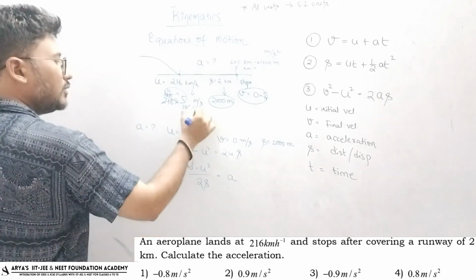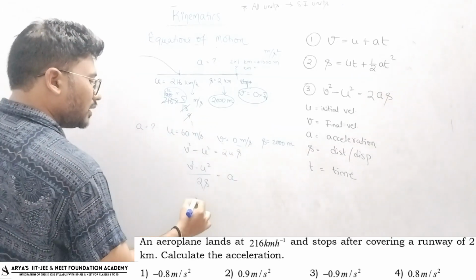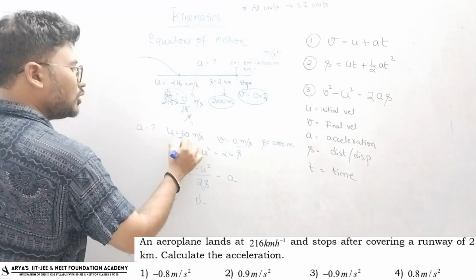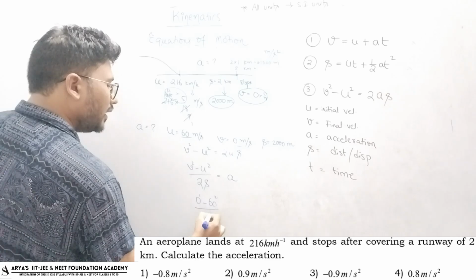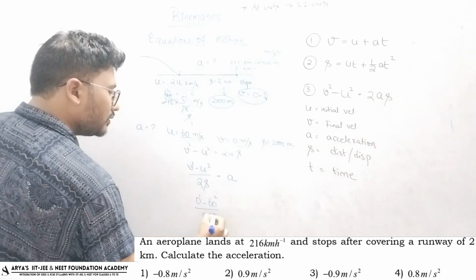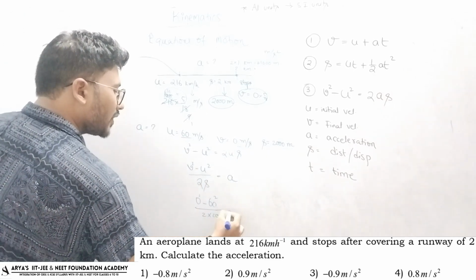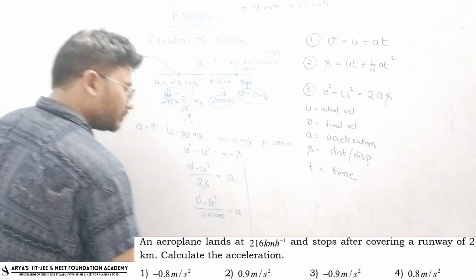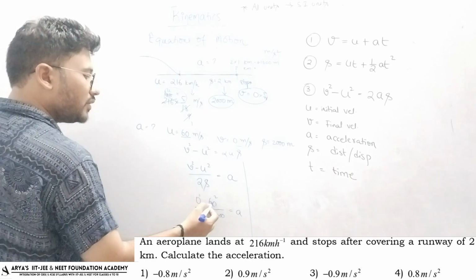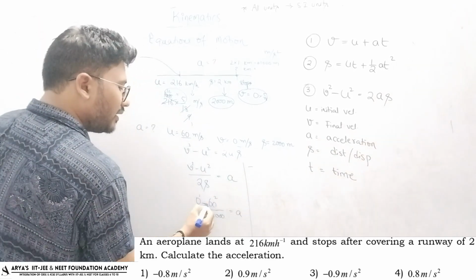Now what is the v value? 0 square minus, what is the u value? 60 square, divided by 2 into, what is the s value? 2000, which is equal to a. Next, 0 square means 0, and 60 square has a minus, right?